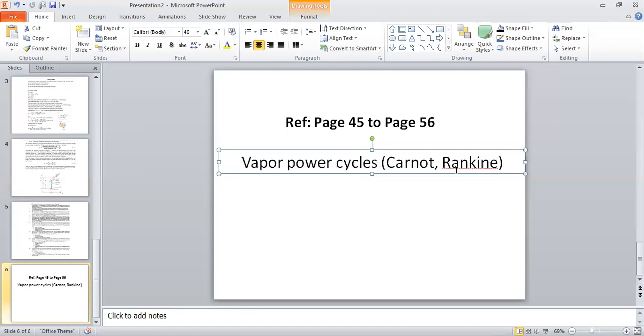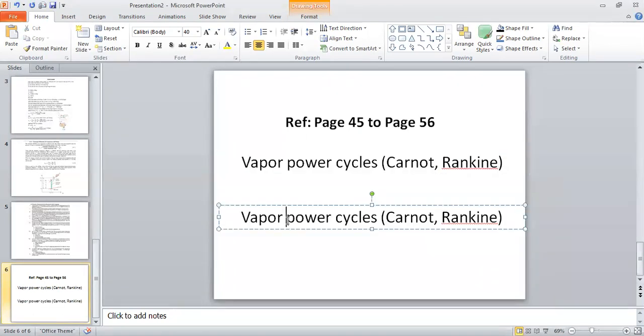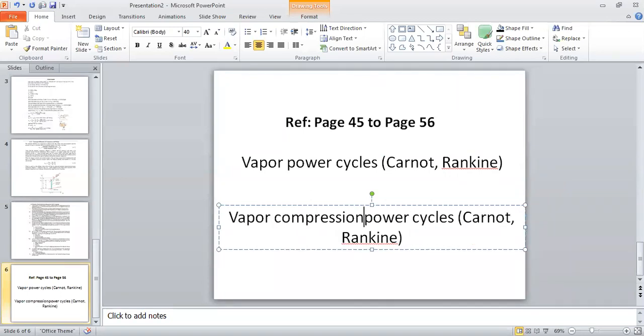And then the other one is vapor compression refrigeration cycle.